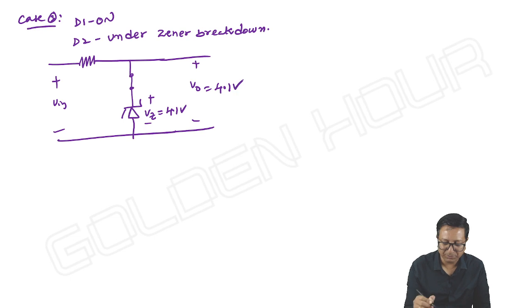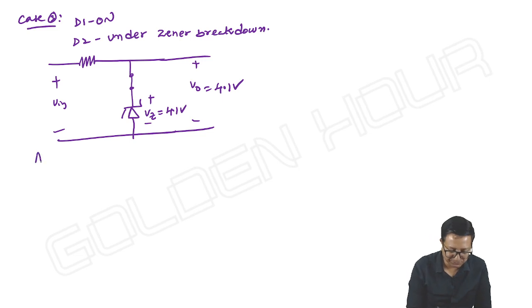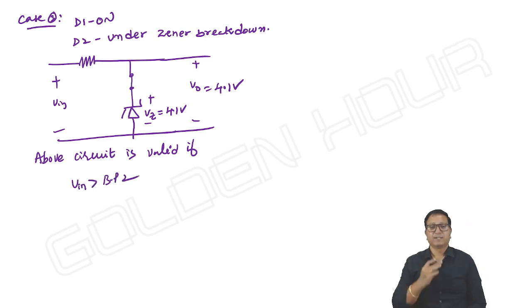What is output? 4.1. When is this circuit possible? This is above breakpoint 2. That's it.